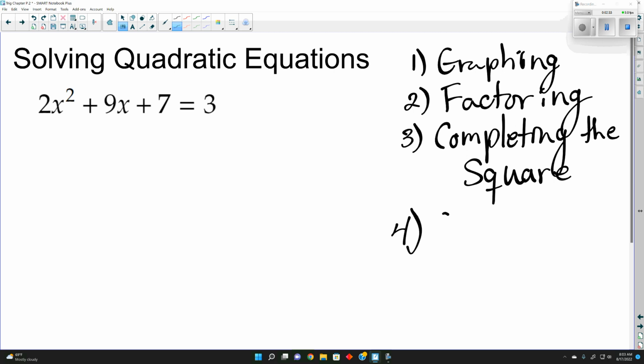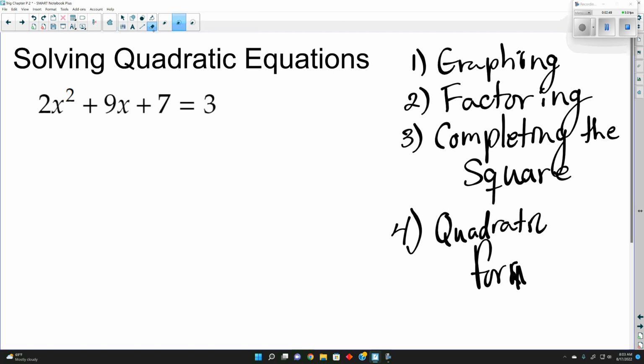And lastly, we have the quadratic formula, F-O-R-M-U-L-A. And these are the main ways that we go about solving quadratics.